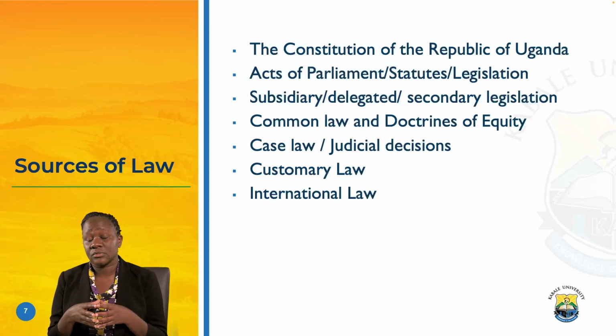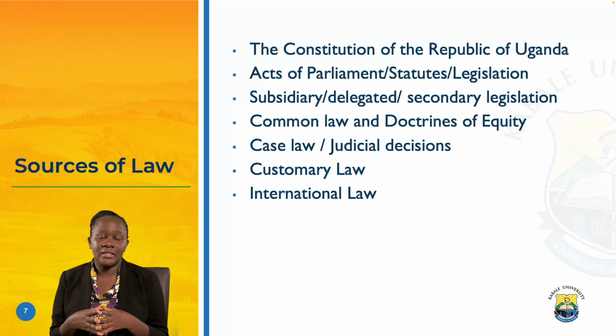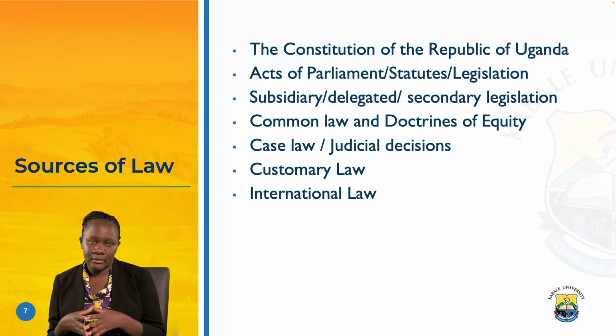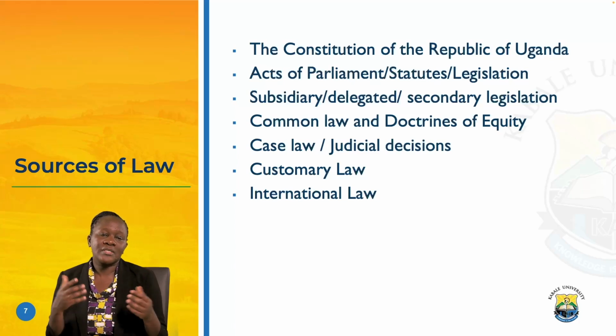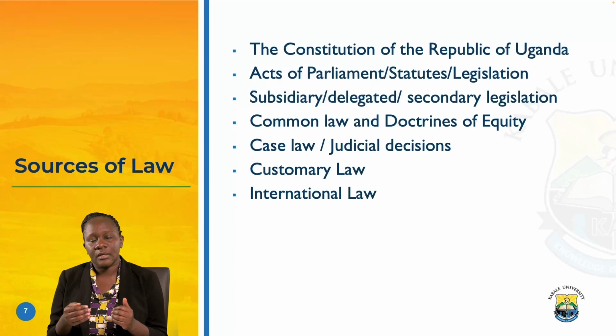Still under Article 79, Clause 2, they can delegate that authority to any other bodies. It could be the minister, it could be the Chief Justice, as they may deem fit, so that this law is enacted.